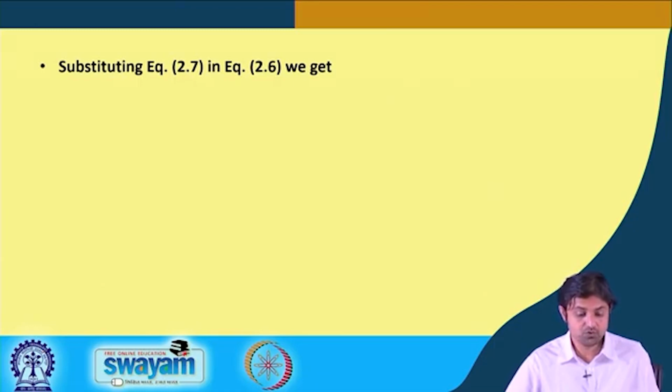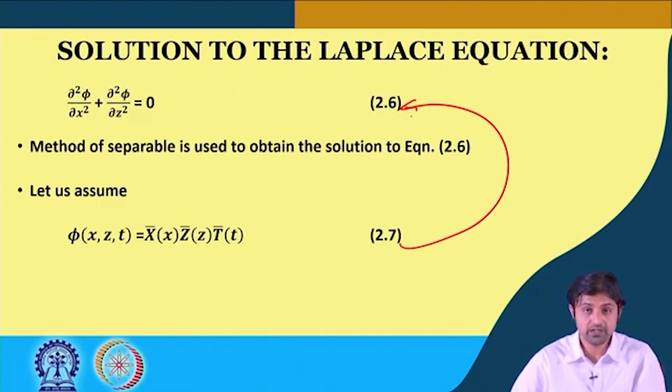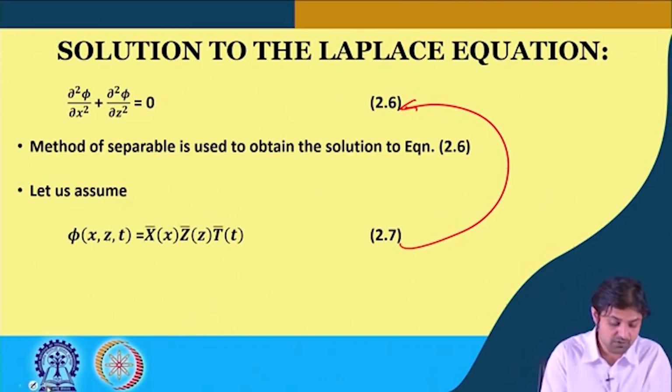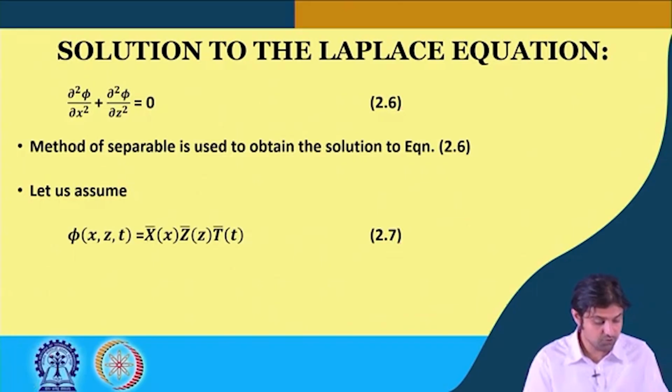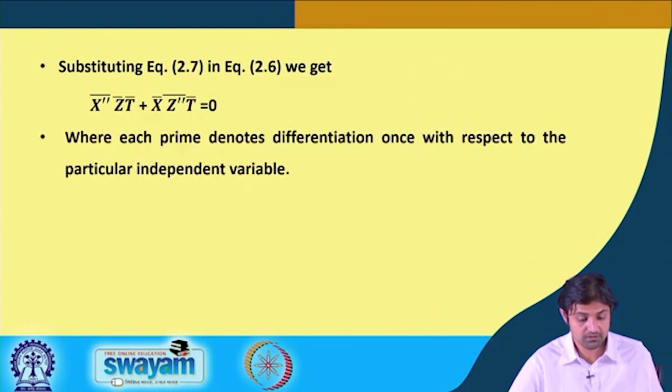Now, if we substitute equation 2.7 in 2.6, because of the Laplace equation properties of the velocity potential, we are able to separate x, z and t using the method of separable. What do we get? We get X double prime bar Z bar T bar plus X bar Z double prime bar T bar is equal to 0.